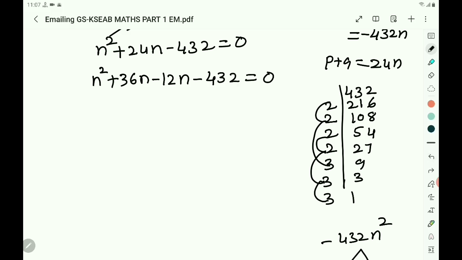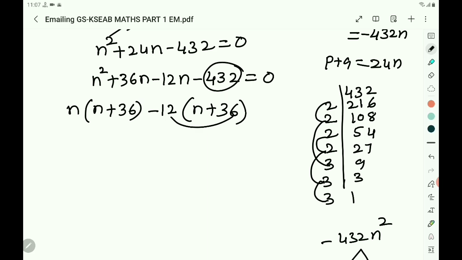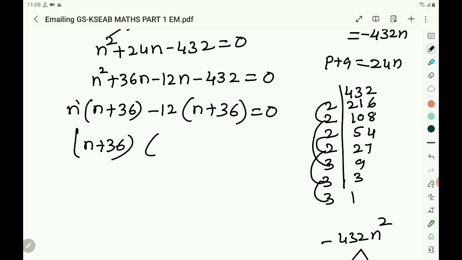n square plus 36n, that is n into n plus 36, minus, here you can take common 12, 12 into n plus 36. 12 into 36 is 432, that you know, equals 0. n plus 36, take it as common: n plus 36 and n minus 12 equals 0.